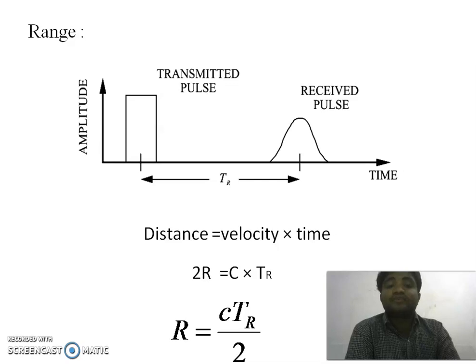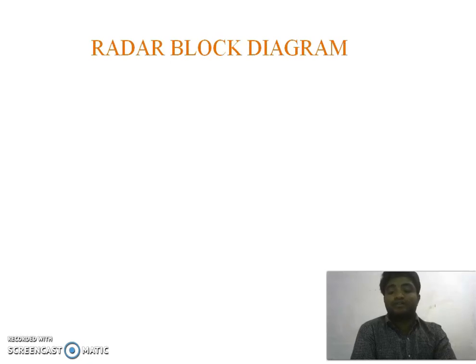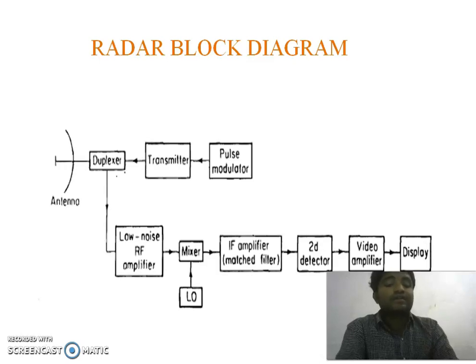This is about some basics of radar. Next I will explain the block diagram of the radar. What are the fundamental blocks present in the radar? The first element is the antenna.